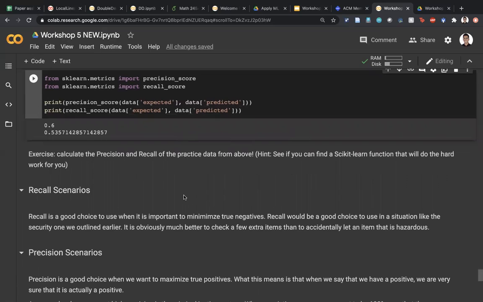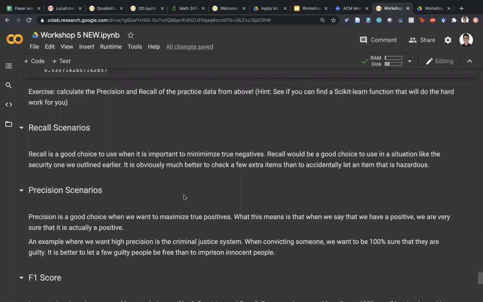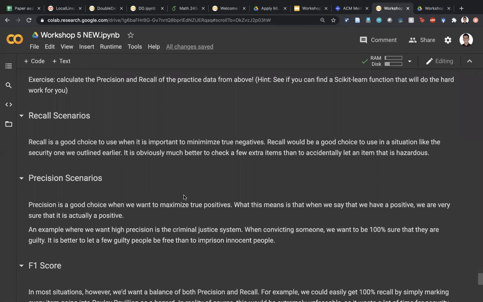So now let's talk a little bit about when we want to use recall and when we want to use precision, right? So recall is something that we want to use when we want to minimize the number of false negatives, right? So recall would be good to use in a situation like security, right? Because we want to make sure that we don't let anything into Polypavilion that could potentially be hazardous.